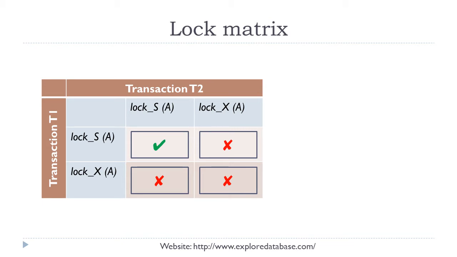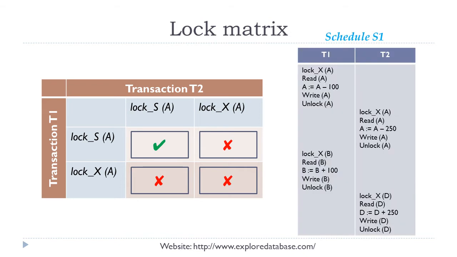For instance, assume that transaction T1 has got the exclusive lock on A. In that case, transaction T2 cannot take either a shared lock or an exclusive lock on A. Instead, it has to wait until transaction T1 releases the lock on A. For example, look at the schedule where T1 starts first and obtains a lock on A, an exclusive lock on A. Now T2 is also requesting an exclusive lock on A, but these two locks are incompatible.